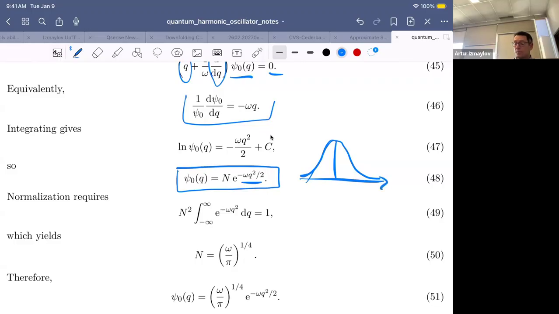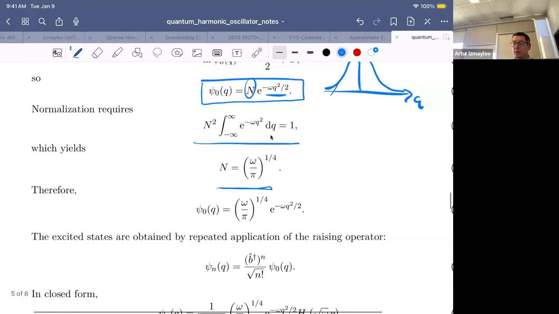This is the function psi 0 of q. There is also a normalization constant here, and you can find it by normalizing the Gaussian. The Gaussian integral is a table integral, but it's easy to rederive, right? And that's the solution from which we can find all other solutions.